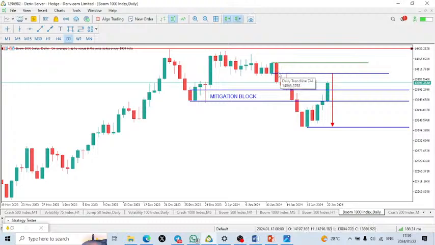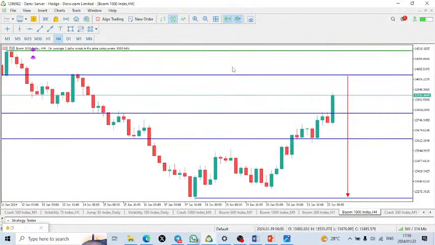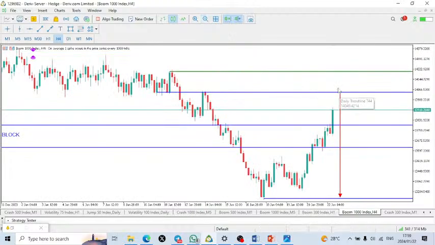Okay, so what we can see here is that I want price to reach this. There's a likelihood that price will close above this level here, and at this particular level we want to look for selling opportunities when price reaches it. If you are able to catch this movement, you will be able to make a lot of money.